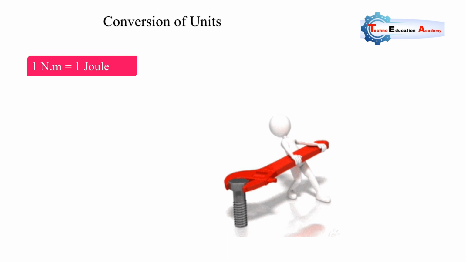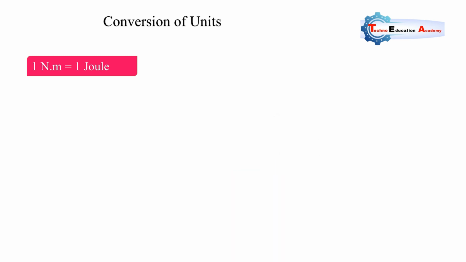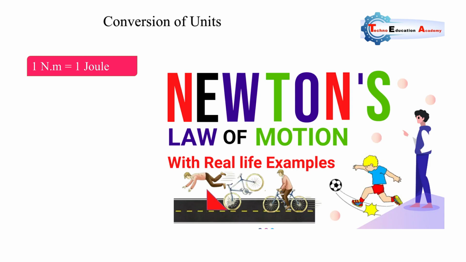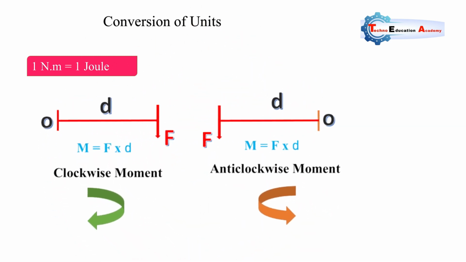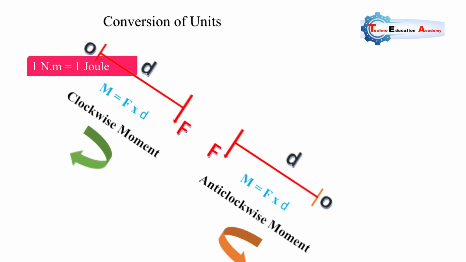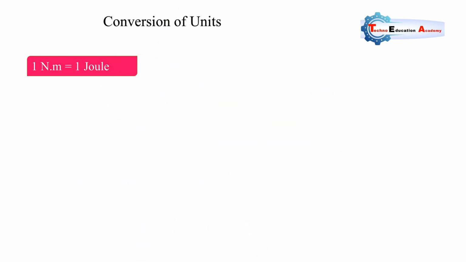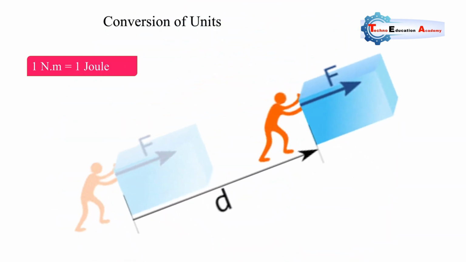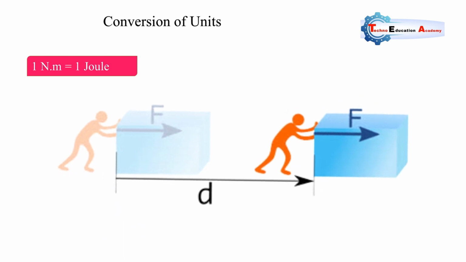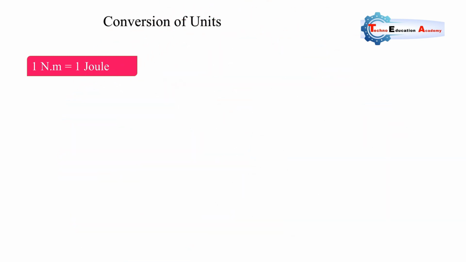So the unit of force is Newton, and radial distance is also measured in meter, so it is the unit of torque. Moment means force into perpendicular distance, so its unit is also Newton into meter. And work is force into displacement. So remember guys, these are different terms, but the unit is the same.